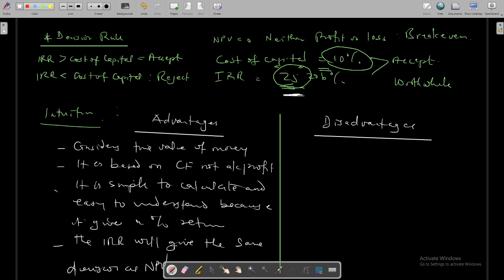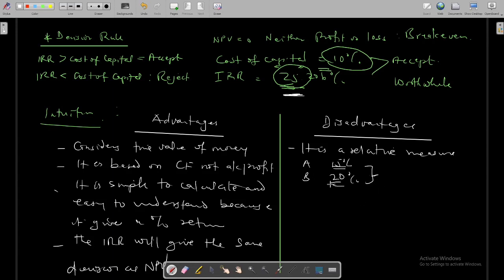But it has its own disadvantages. One is that it is a relative measure. When you say it's a relative measure, it means that it ignores the absolute size of an investment. So when you look at, let's say, two projects, project A and project B, where the internal rate of return is 15% for one and 20% for the other, which of these projects is better?